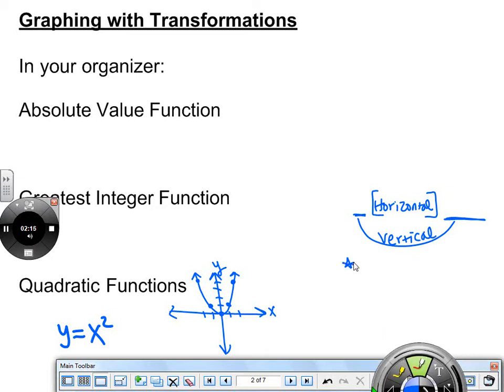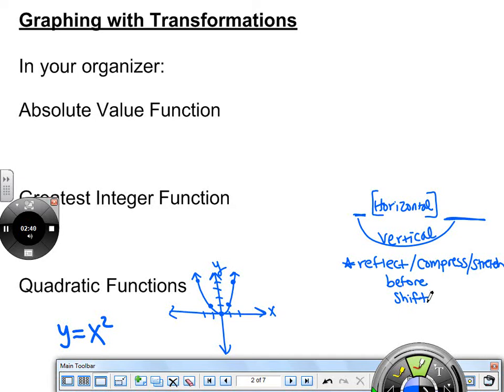We are going to make sure that we reflect and compress and stretch. All that multiplication stuff, we're going to make sure that we do before any of the addition and subtraction stuff. So before we shift.